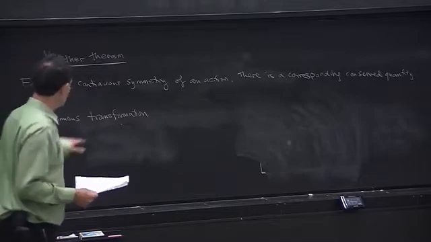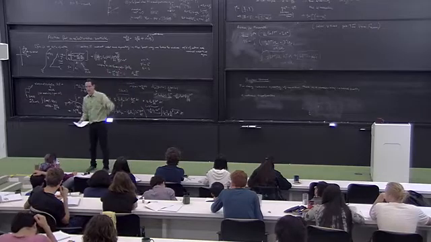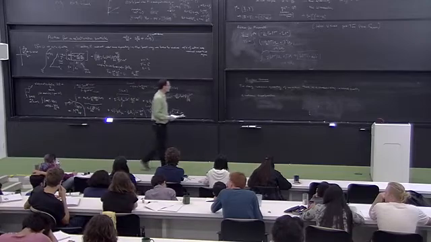And we're normally going to only require that it leaves the action unchanged up to surface terms. Generally we're not going to worry about surface terms. You should, in principle, worry about them. But when you vary an action, the variations in between the two endpoints can be arbitrary. And so the equations of motion do not depend on the endpoints at all.